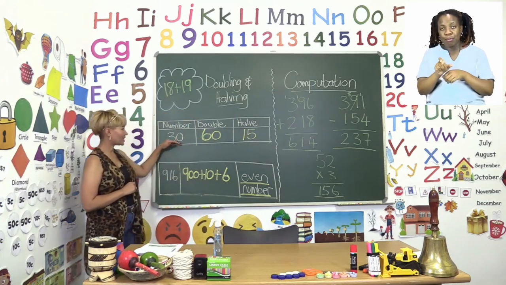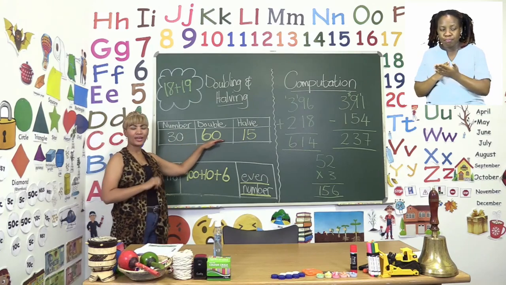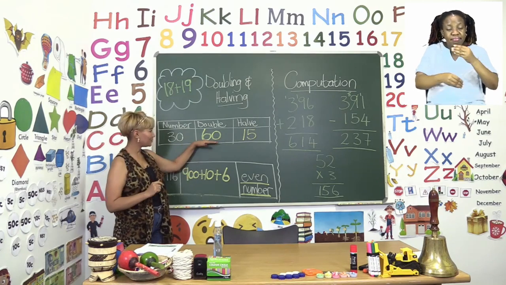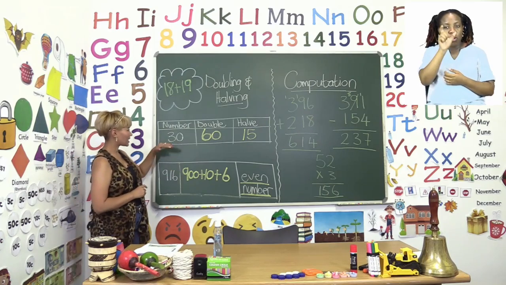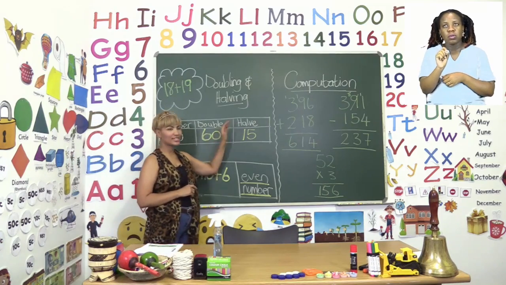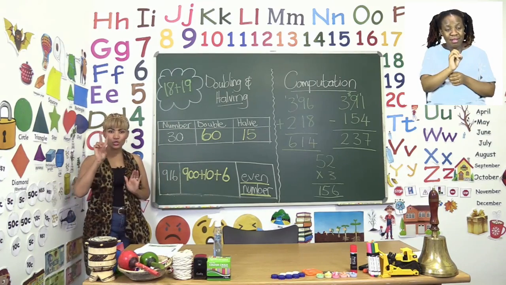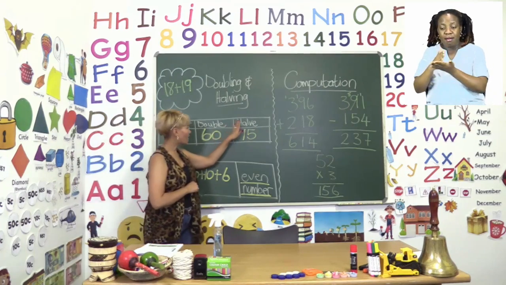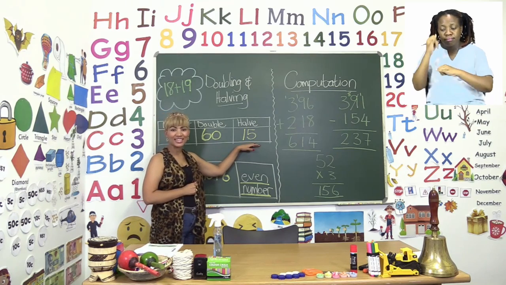If we double 30 we get 60. Remember 30 plus 30 is equal to 60. And if we take the number 30 and we halve it, that basically means we divide it by 2. So if we halve the number 30, we get the number 15.